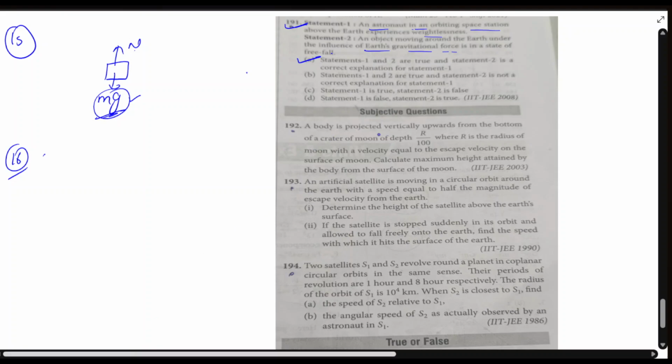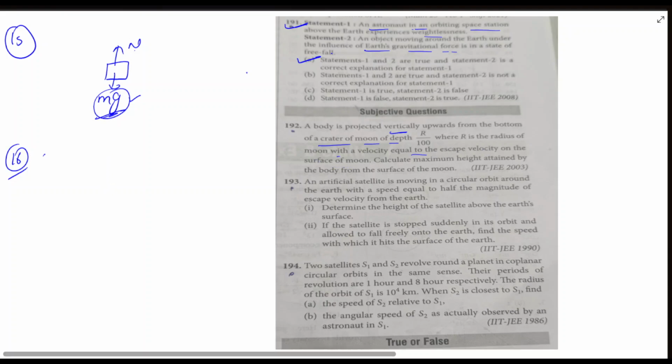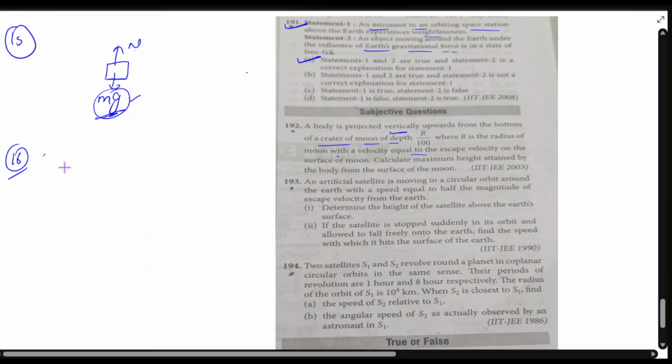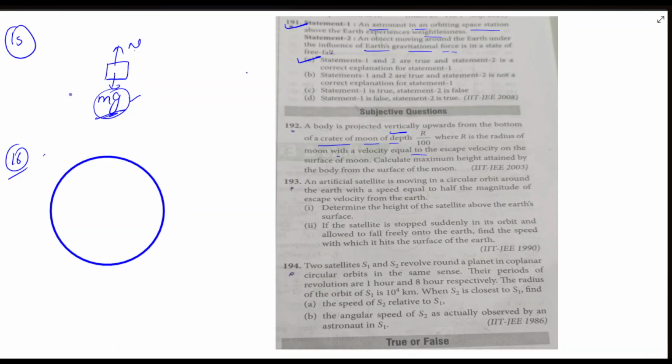We have a body projected vertically upwards from the bottom of a crater of the moon of a depth R by 100, where R is the radius of the moon, with a velocity equal to the escape velocity on the surface of the earth, right? So we have the planet or moon, you can say, and this is the depth from which a particle is thrown.